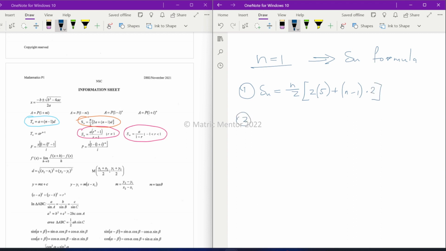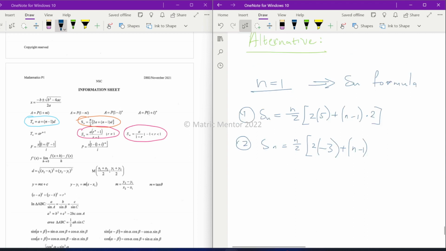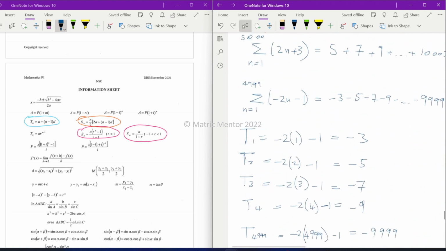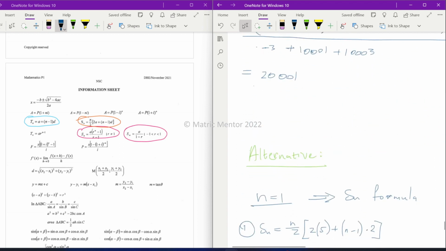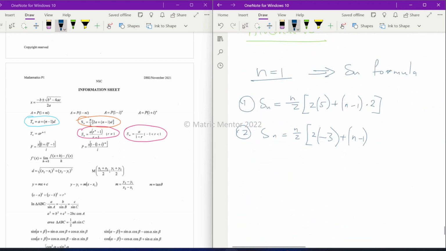And then for the second sum of function, Sn equals n over 2 times the first term, which is minus 3, plus n minus 1 times, what's our difference? Our difference is minus 2. So we'll have minus 2 here.